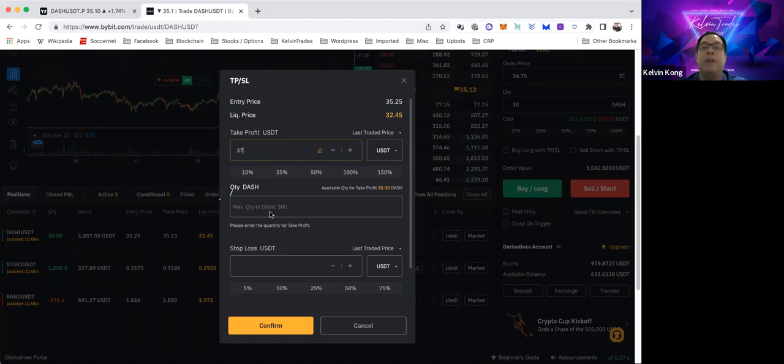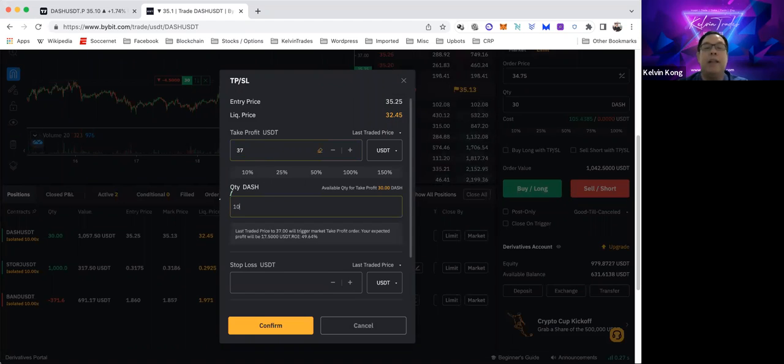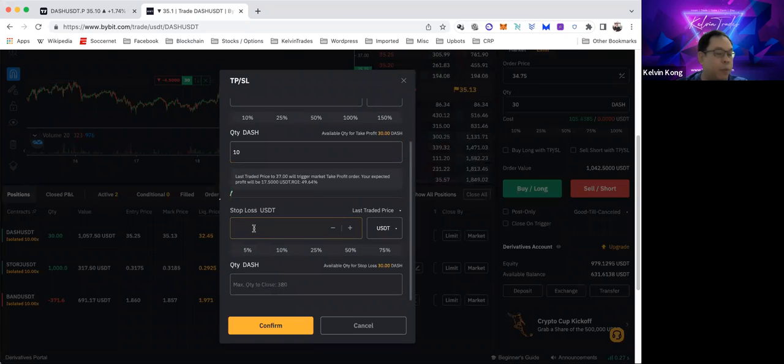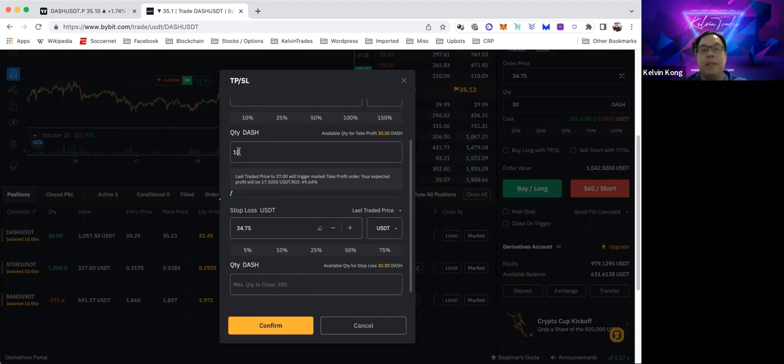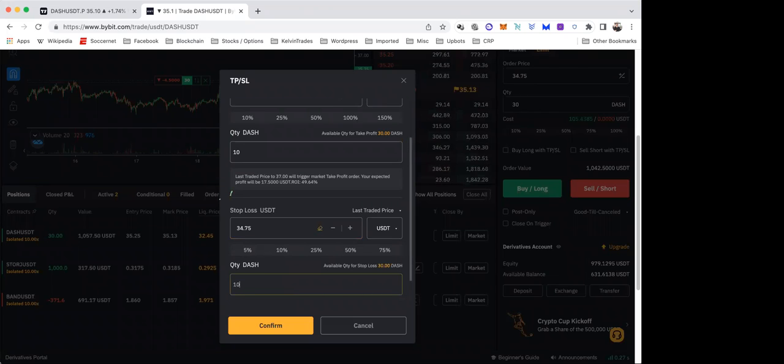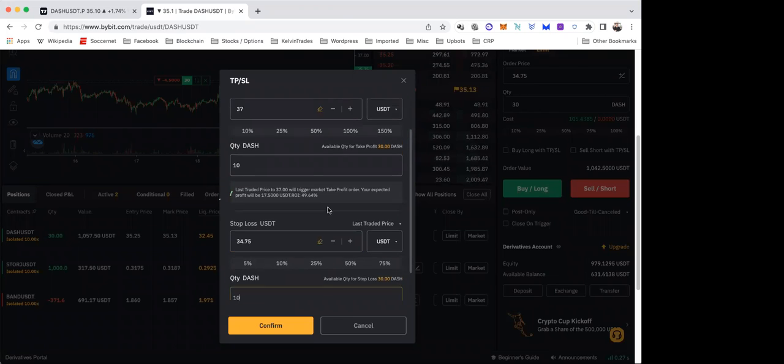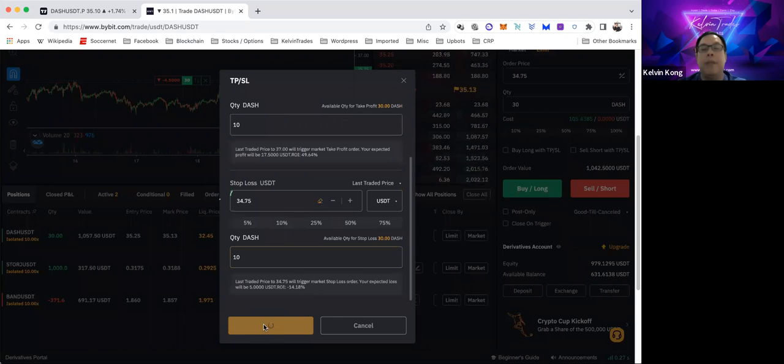I just put $37 and I just put 10. And I put my stop loss. What's our stop loss price, guys? 34.75. So the quantity must be the same as this. Not 30, it must be the same. Oh, wow, this one is a lot simpler. Like that, done. First TP.